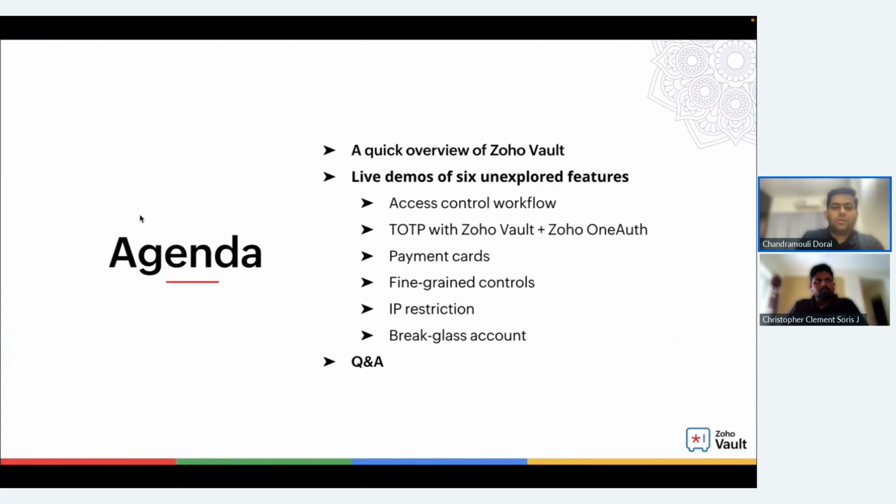We will walk through the access controller flow, TOTP with Zoho Vault and Zoho OneAuth, and the latest addition, how you can manage payment cards within Zoho Vault, fine-grained controls, IP restriction, and emergency access or break glass account. We will have a Q&A session towards the end of the webinar, but even during the session, we encourage you to post your questions in the Q&A tab in Zoho Meeting.